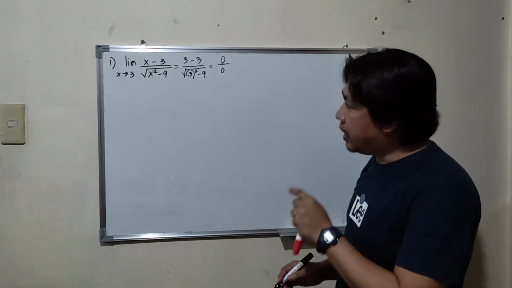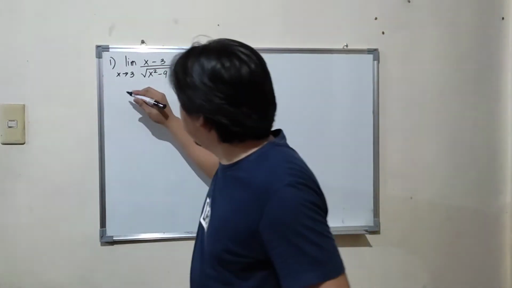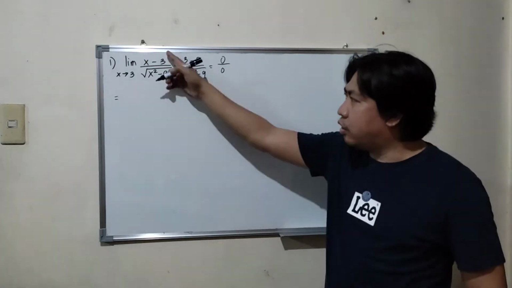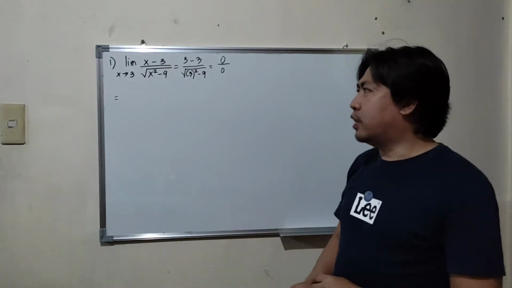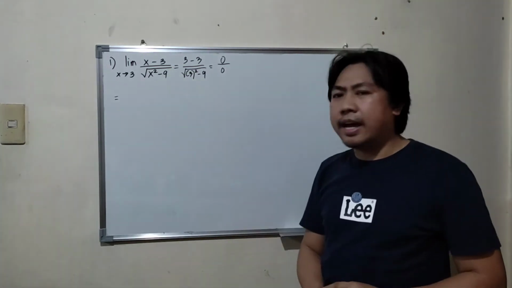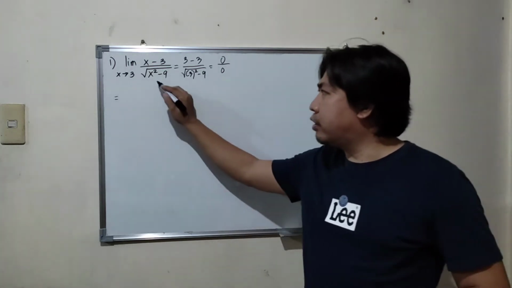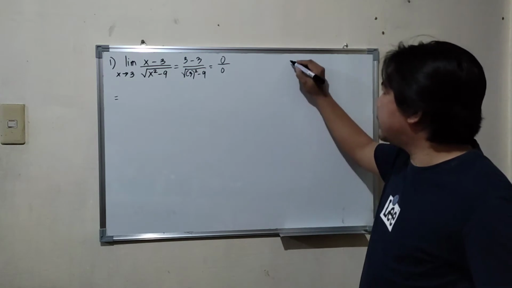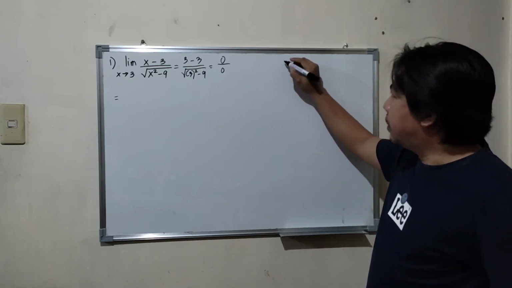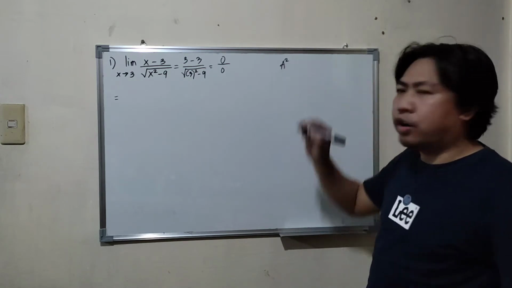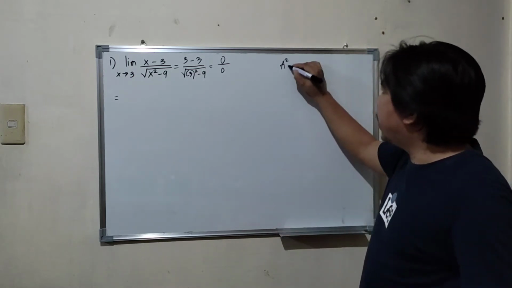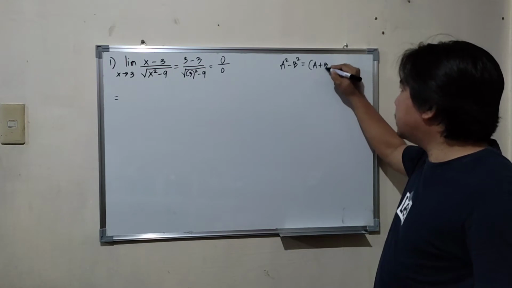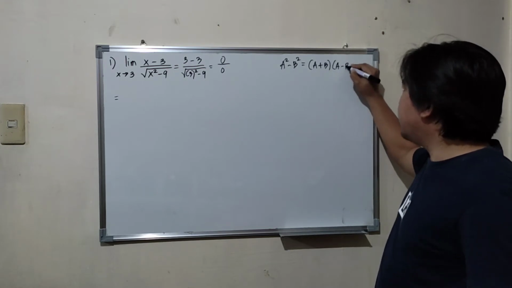Try natin i-solve siya. Tingnan nyo yung relation ng numerator and denominator. Mapapansin nyo, pwede nating i-factor ang denominator natin. x squared minus 9, meron tayong difference of 2 squares. If we have a squared minus b squared, that is equal to a plus b times a minus b.